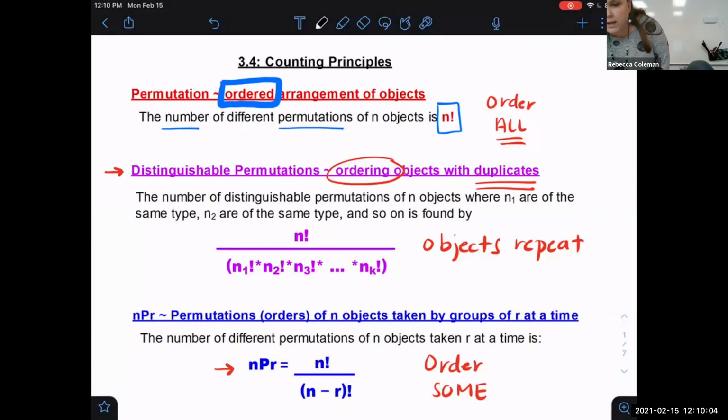If you want to order everything and all the objects are different, just do an n factorial. If you want to order everything, but you have repeating objects, these little subgroups, then work for distinguishable permutations. And if you want to order objects, but only some of the objects that you have, then you will use an NPR function.